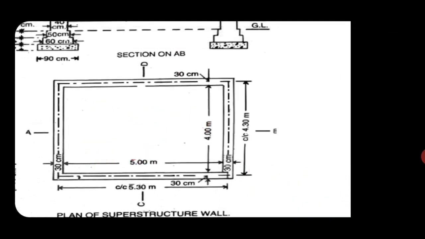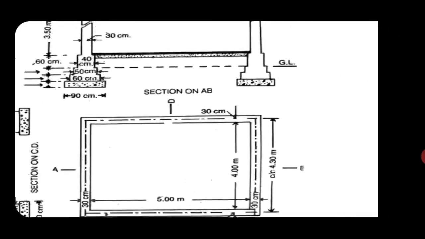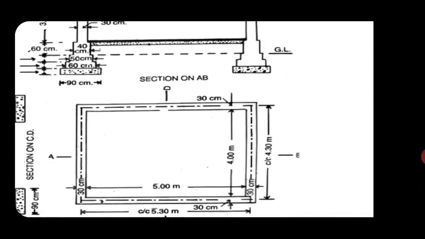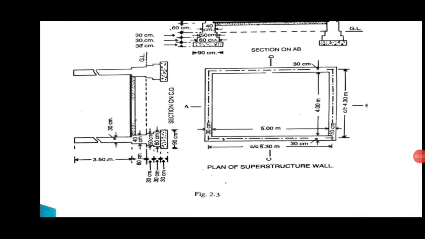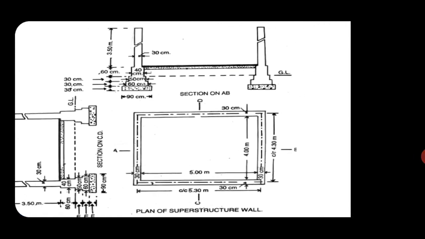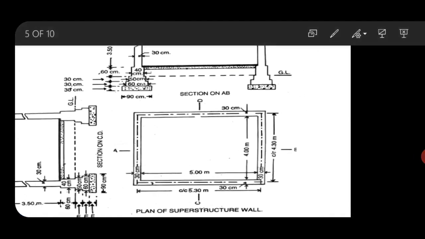So, for short wall, again we will calculate first the short wall for first footing, second footing, plinth wall. Okay. So, now we will draw the plan at the level of first footing. So, for short wall, again we will draw the plan.